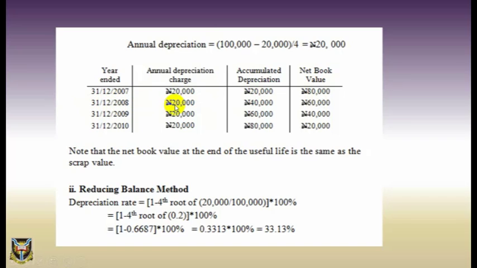Annual depreciation charge 20,000. Accumulated depreciation 40,000. Net book value 60,000. 31/12/2009. Annual depreciation charge 20,000. Accumulated depreciation 60,000. Net book value 40,000.